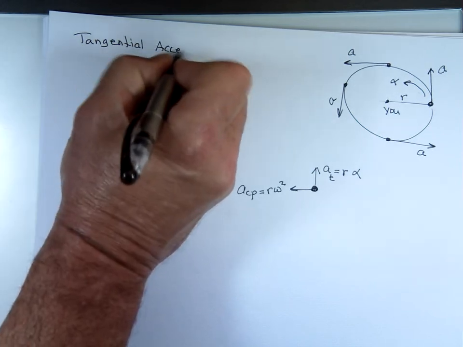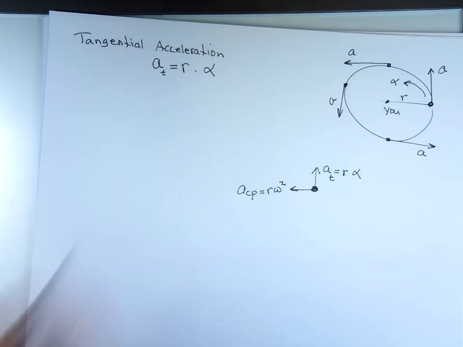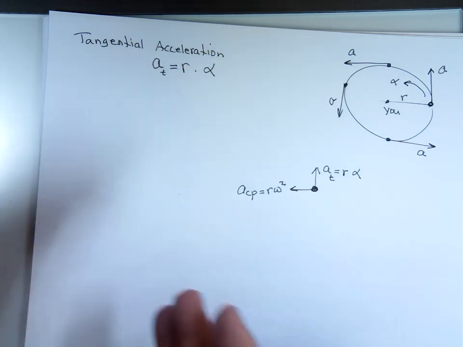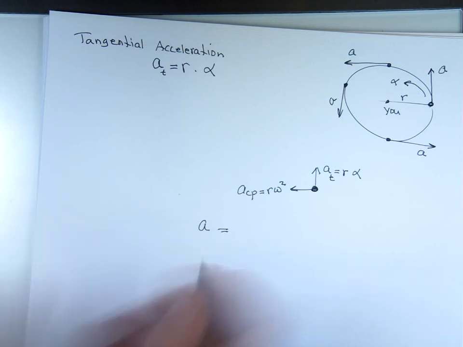If they ask you what is A, not tangential, not centripetal acceleration, what's A? How do you find what that is? Going back to the vector chapter, on these vectors, this is the x component and that's the y component. How do you find the result when you have the x and y component?